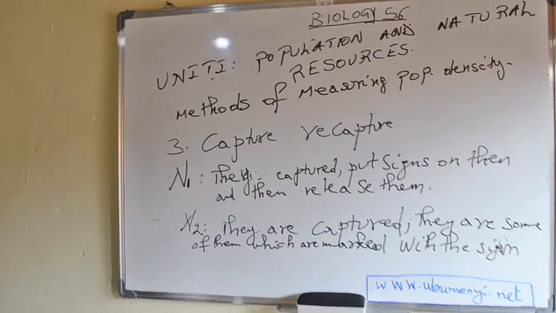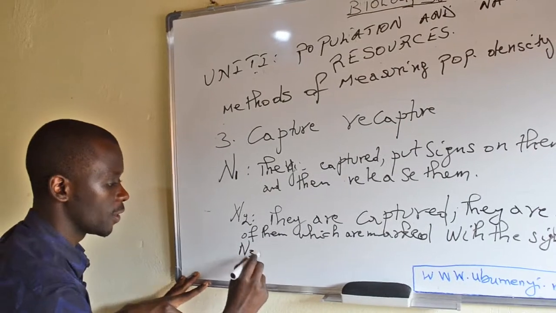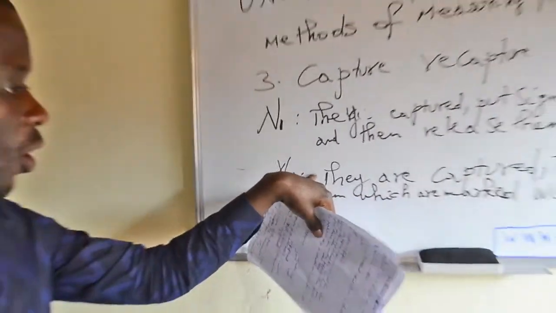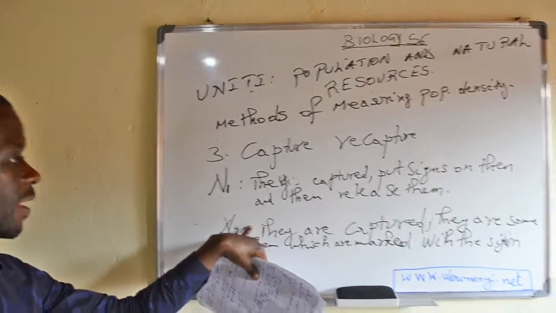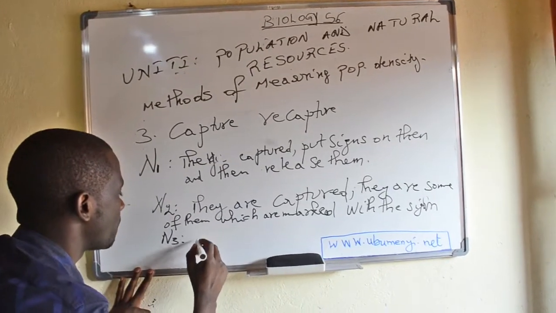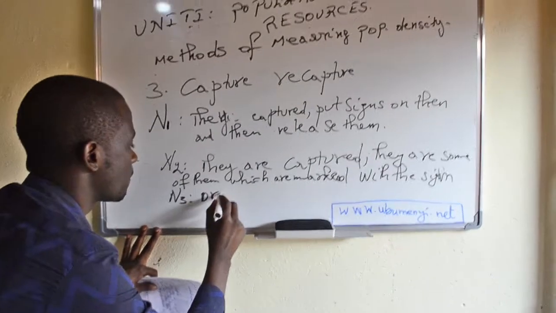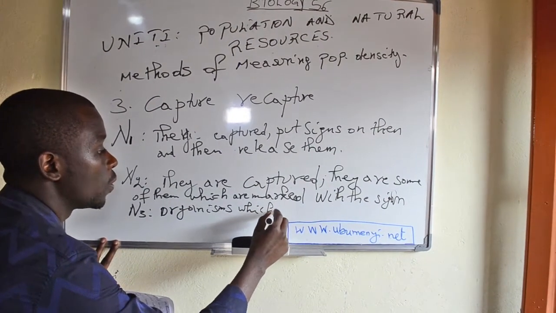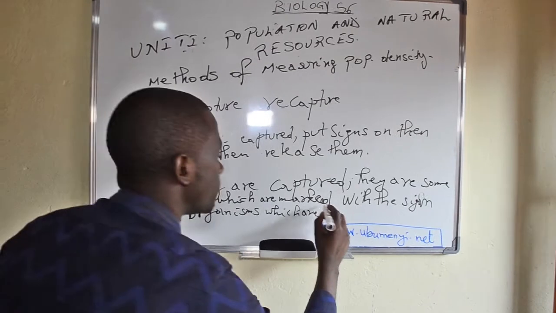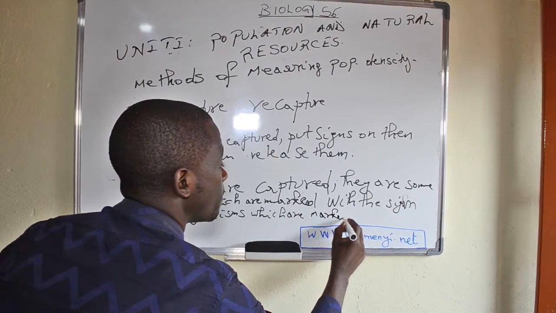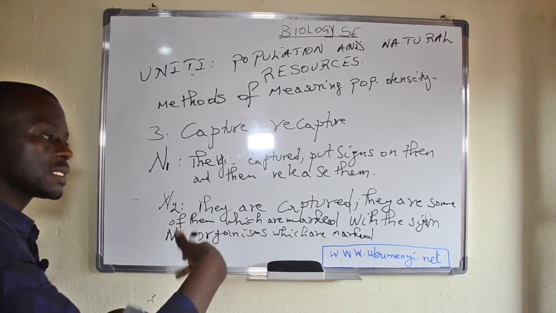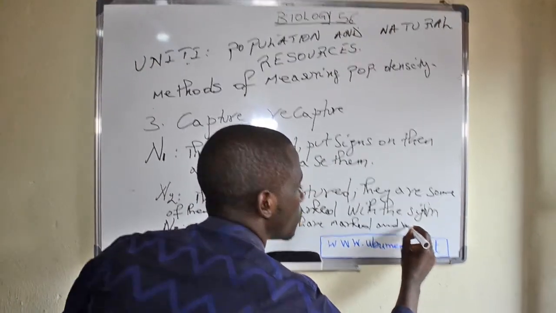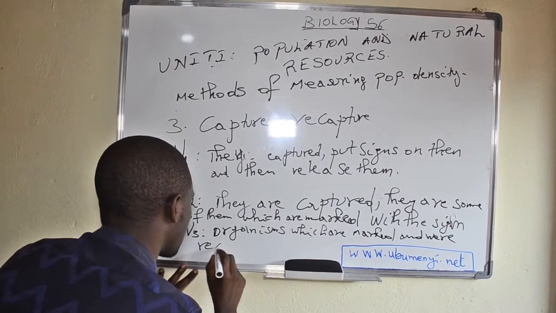We have also N3, which is composed of all those that you caught in the second capturing that are marked, the organisms which are marked and were recaptured, which means they have been captured for the second time.